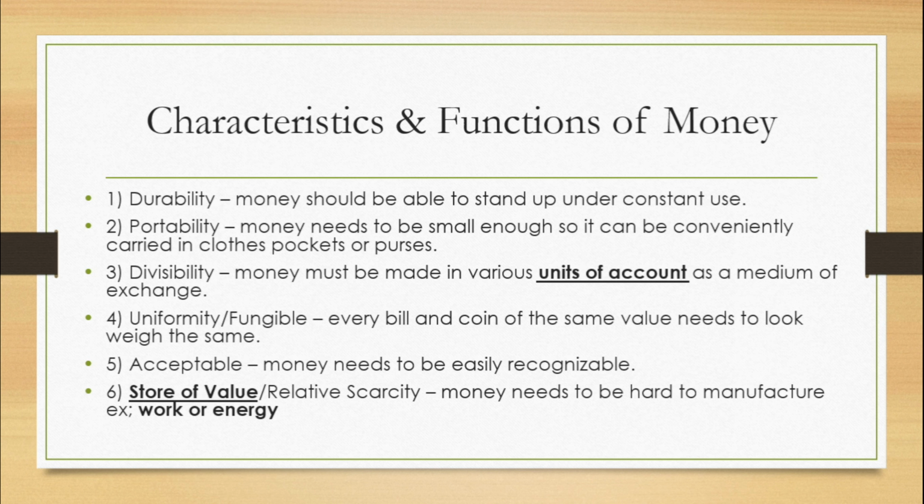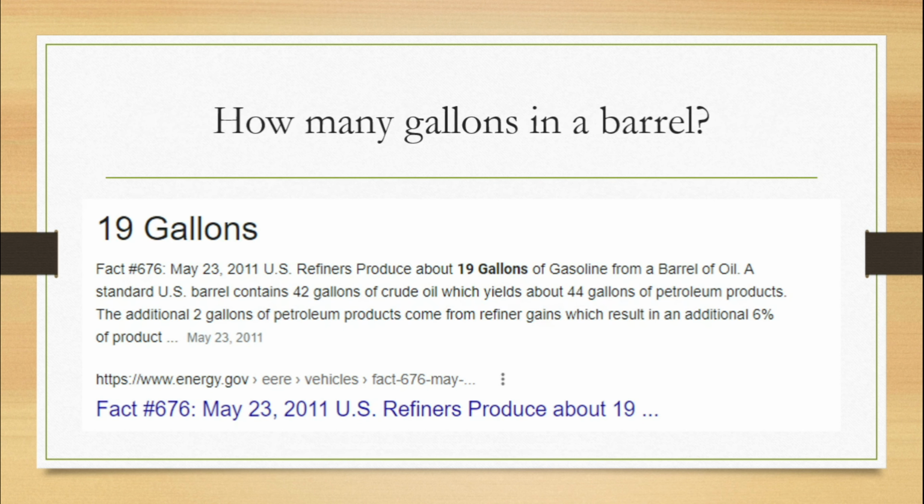A characteristic is something that's inherent, durable, portable, divisible, uniform, and fungible, acceptable by many people, and a store of value. The functions of money are that they are units of account and stores of value. Or in the case of proof of work cryptocurrency, it could be work or energy. So this is a good reminder of that.